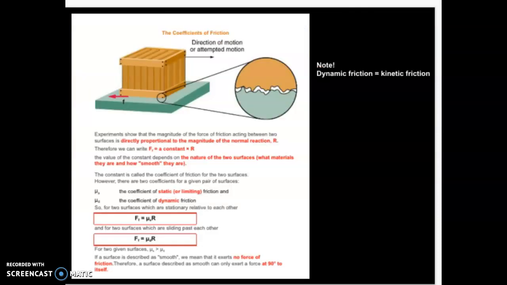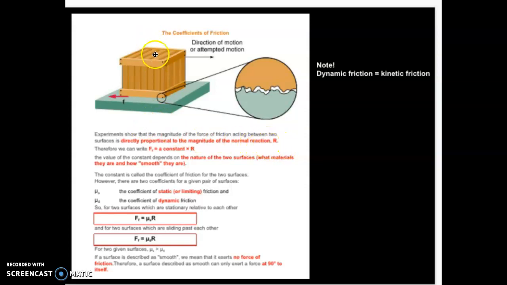Now, what is friction? Friction happens because even at a microscopic level, even if an object looks really, really smooth, you'll find that surfaces are rough, are kind of uneven, and do interact with each other. So experiments show that the magnitude of the force of friction acting between two surfaces is proportional to the normal reaction.